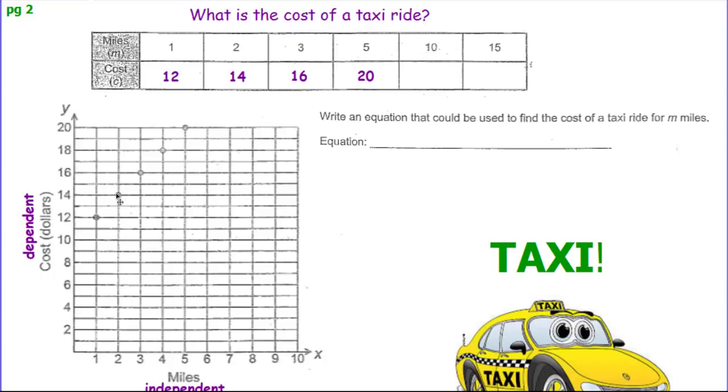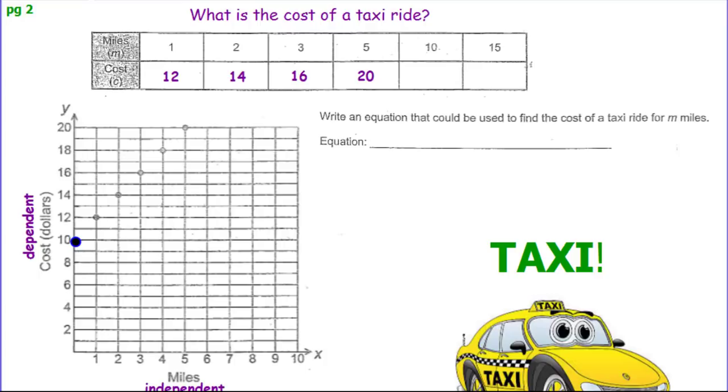So if this was 14 and 12, could it cost me $10? It might cost me $10 just to get a cab. So I'm going to put a dot here. When x is 0, when I'm not traveling anywhere, just to get a cab, it's going to cost $10 for the cab to come and get me.